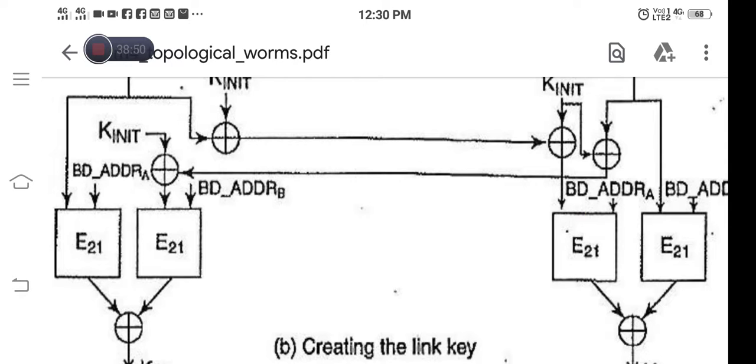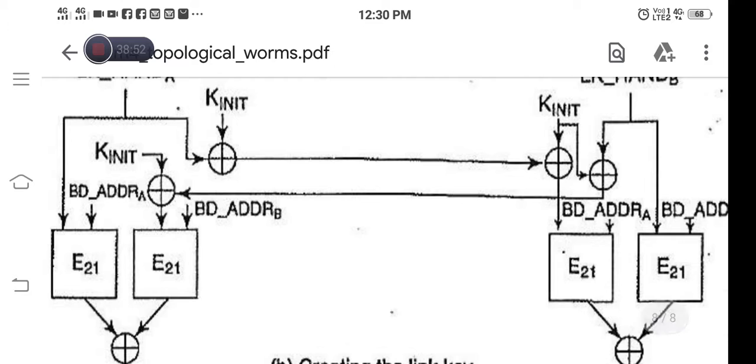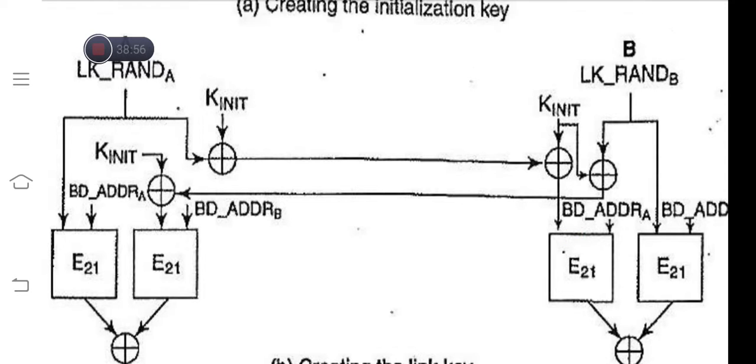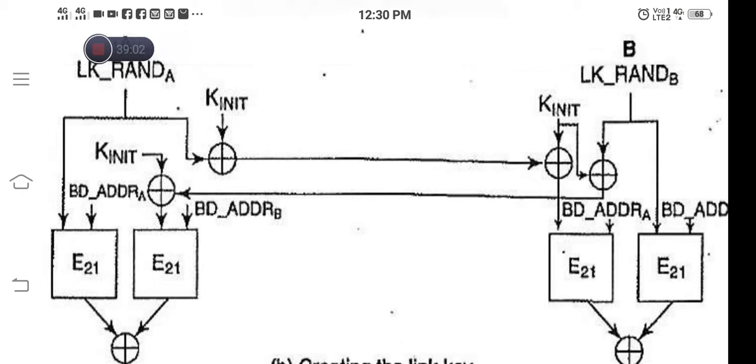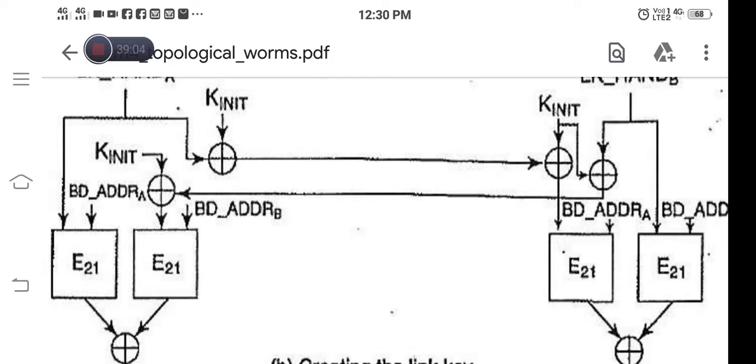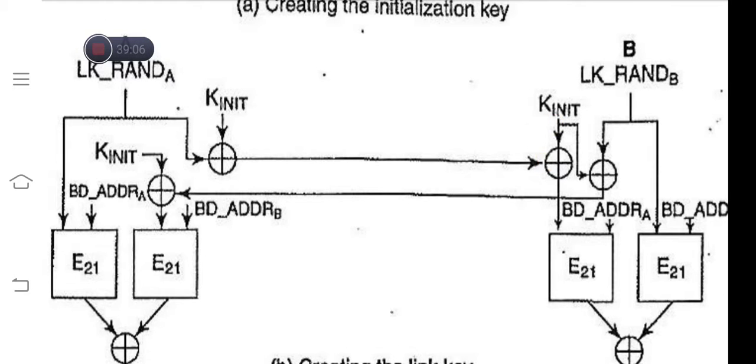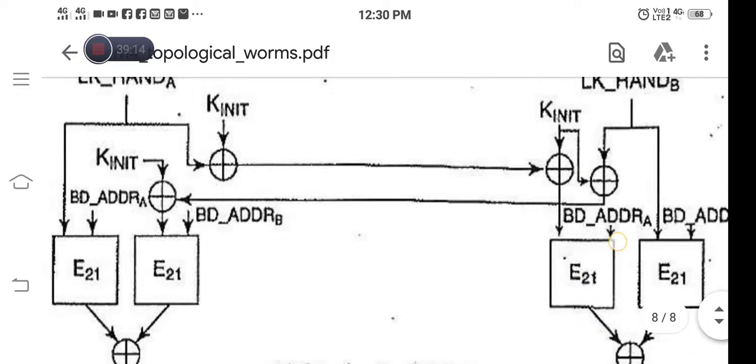Here again at the B side we have the Bluetooth device address of A, then the output of the XOR operation of the K init and the value sent from the A side. So 2 inputs to this encryption algorithm.